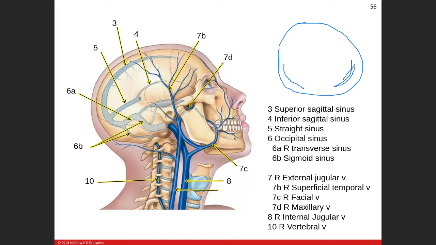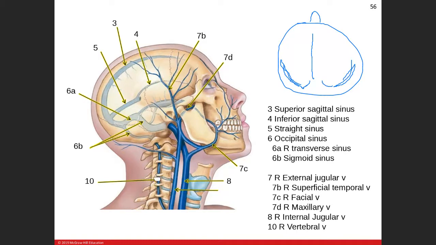This is your nose. Then you have the superior sagittal sinus that runs down the middle, and right below it is the inferior sagittal sinus. These transverse sinuses will sit off on the side, and they'll drain into the sigmoid sinuses towards the center, and then eventually that sigmoid sinus will form the internal jugular vein and drain out through the neck.